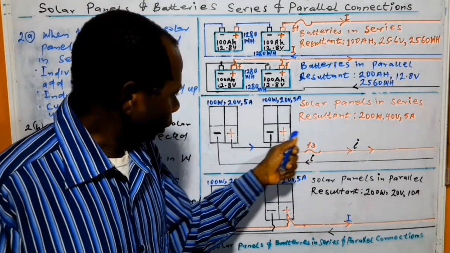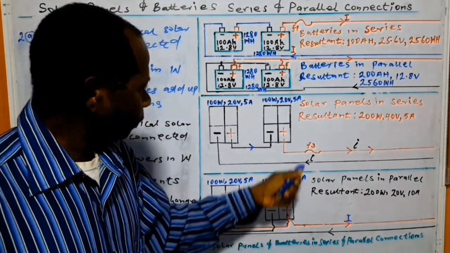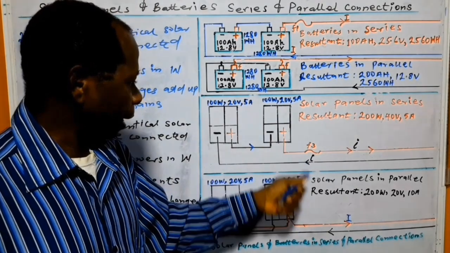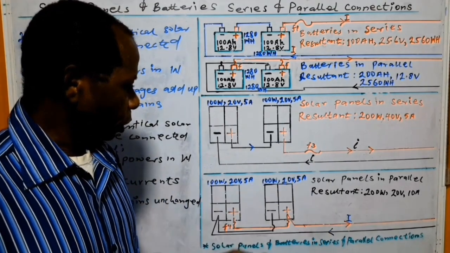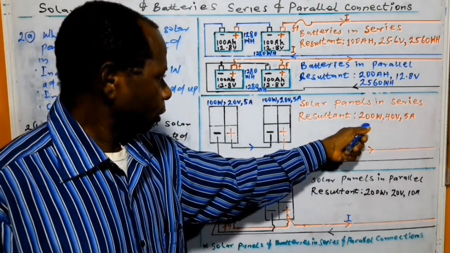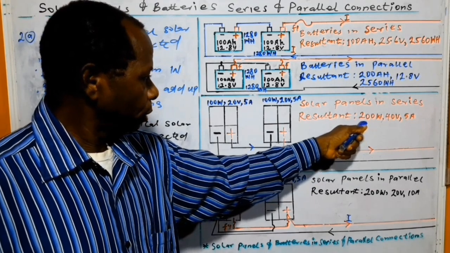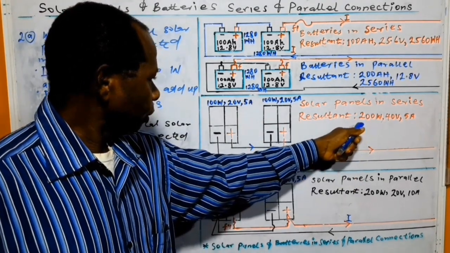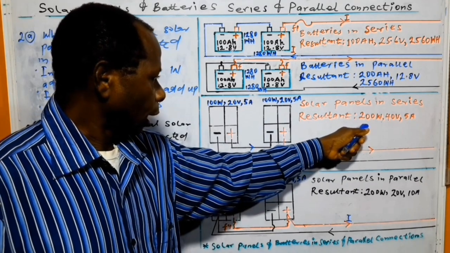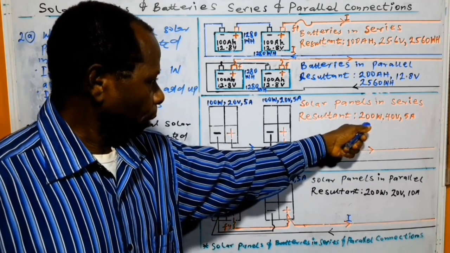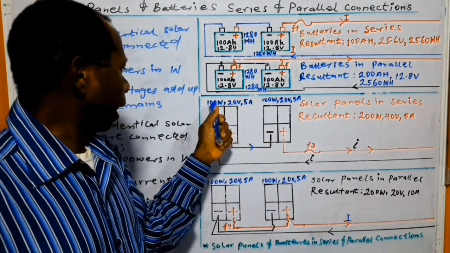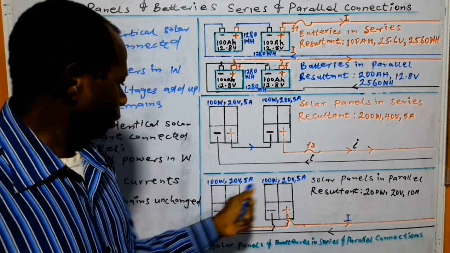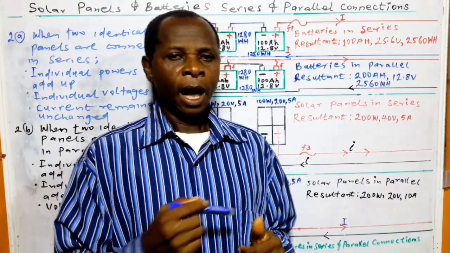So in this case also, when we have identical solar panels connected in series or in parallel, the power will always add up. So that's why we are having increasing watt power here, just like here. So 200 is the addition of this and this, and in this case also the same thing.